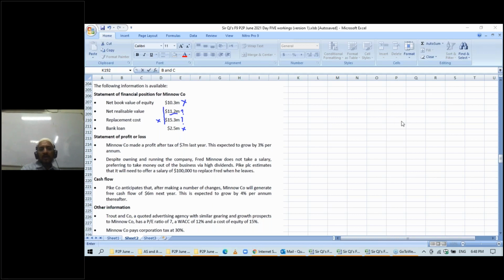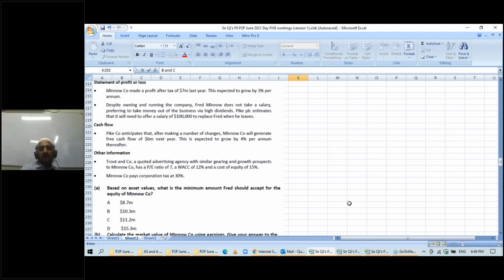Replacement cost will usually be higher than NRVs. So the correct answer is 11.2 million. This is answer C.